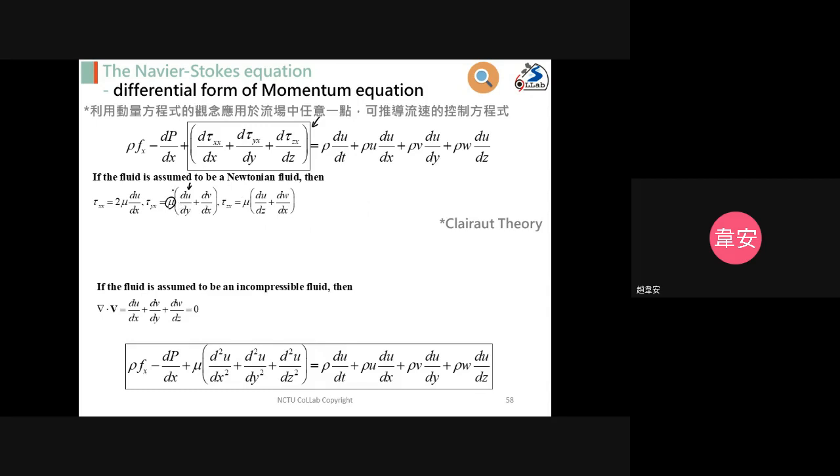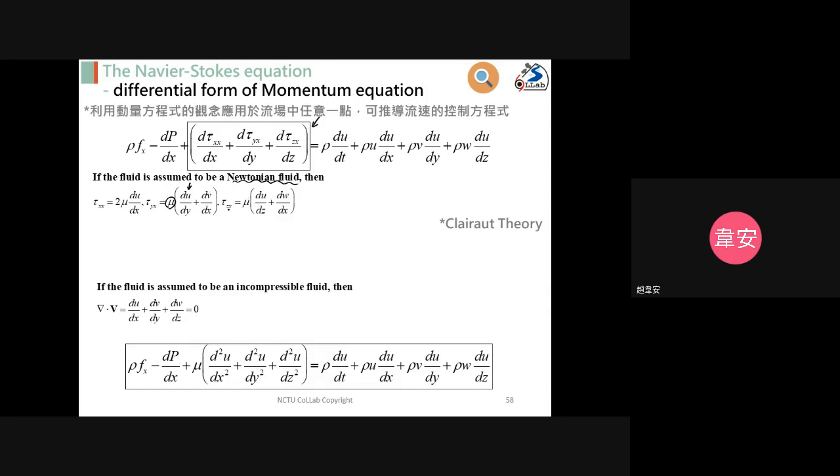Okay, so simply in here, I just tell you, we assume the fluid is Newtonian fluid. Then tau xx is equal to 2 times mu multiplied by du dx. And tau yx is mu multiplied by du dy plus dv dx.